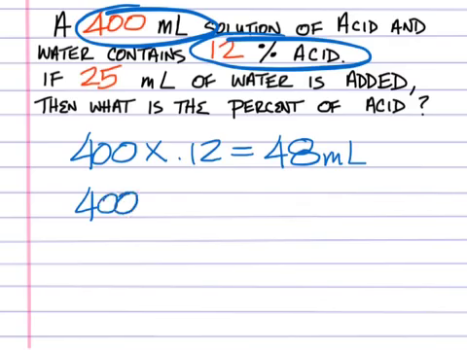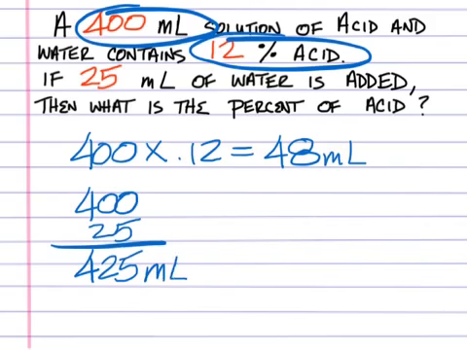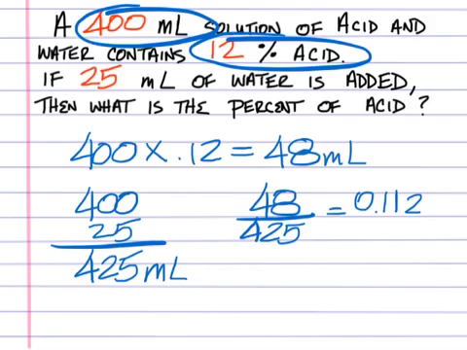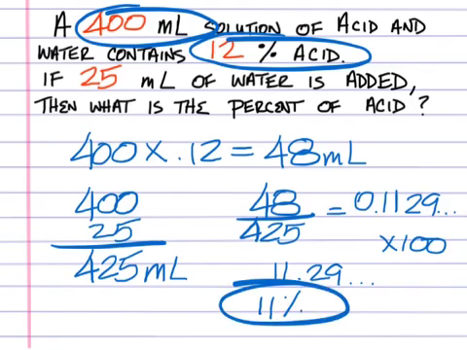We're adding 25 milliliters of water to the 400, so that gives us 425 milliliters total. 48 divided by 425 will give us what we're looking for. That comes out to be 0.1129, and when you multiply that by 100, you get 11.29, but round it to the nearest percent, it is 11.